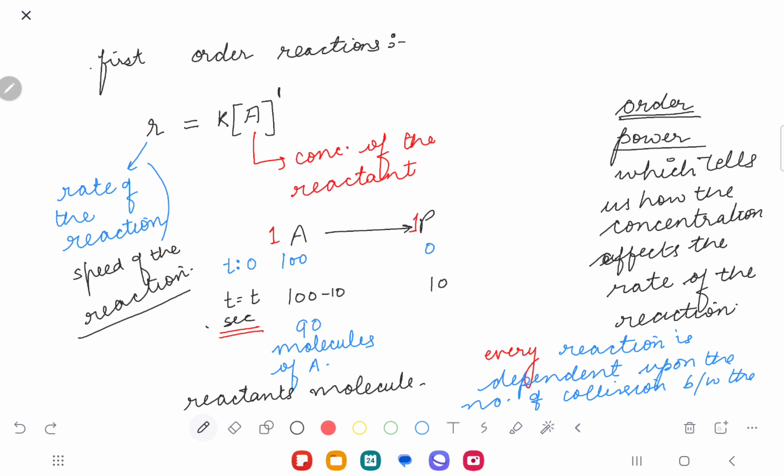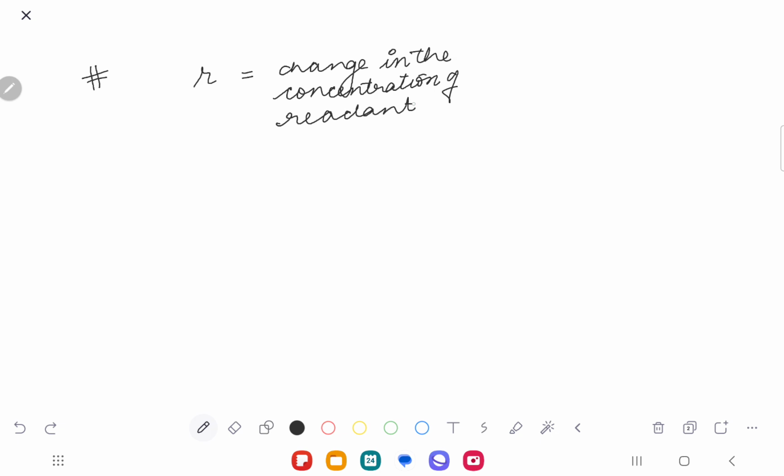So what exactly does that mean? It means that R, the rate, is the change in the concentration of reactants over change in time.